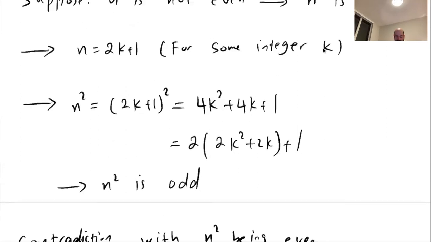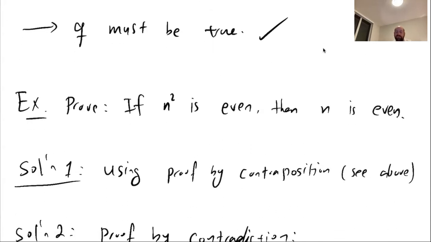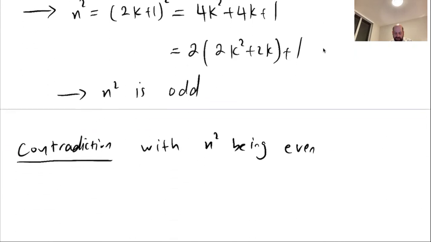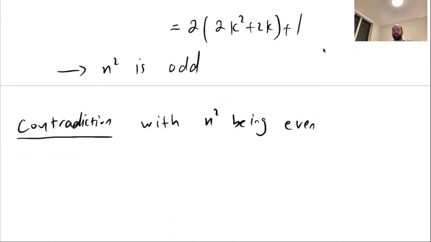Please remember in the question, it says that if n squared is even. So we are assuming that n squared is even, but here we concluded that n squared must be odd, and that's impossible. Or a contradiction, that n squared is odd and even at the same time. So with contradiction with n squared being even, given as an assumption.